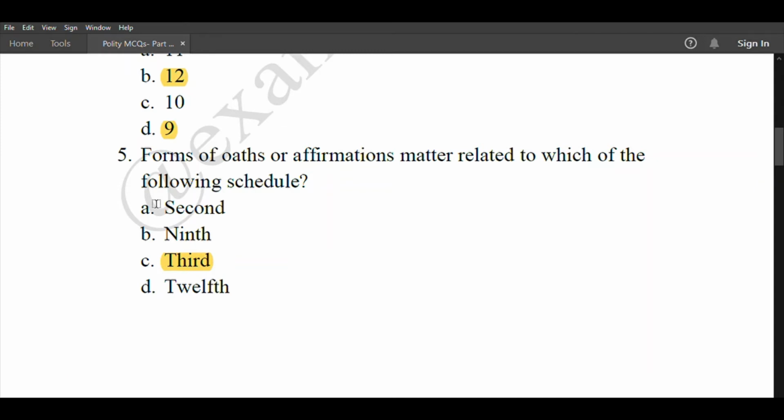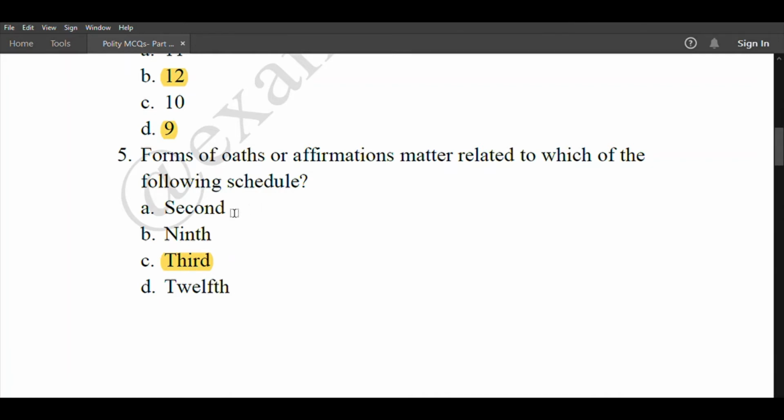deals with the matters, that is provisions relating to the emoluments, allowances and privileges of the executive and judiciary, that is President of India, Governor of States, Speaker and Deputy Speaker of Lok Sabha and Rajya Sabha, and the Supreme Court judges and High Court judges, and all the matters related to the second schedule.